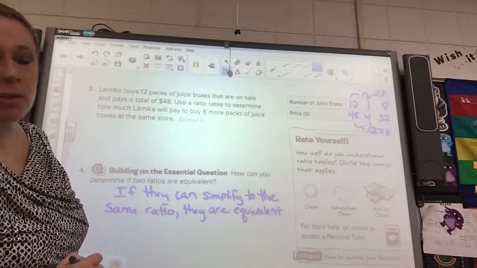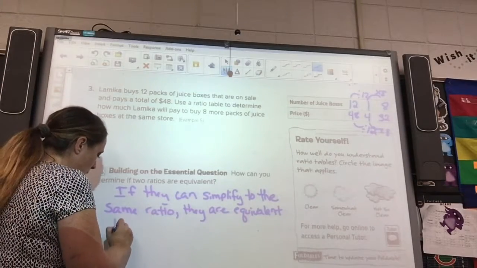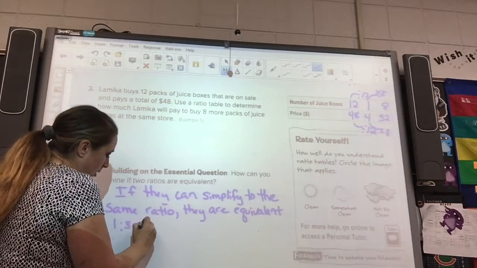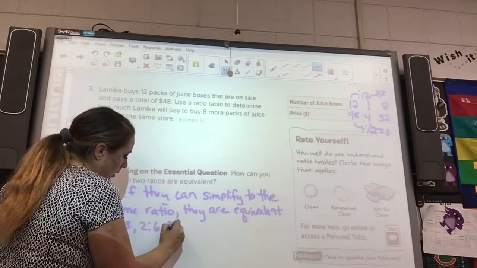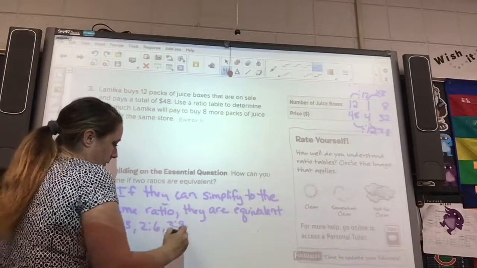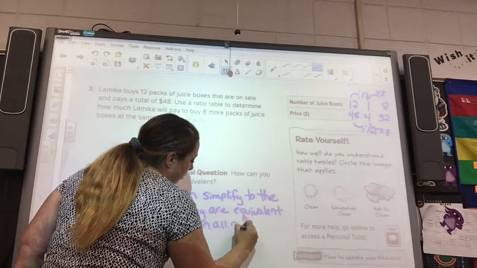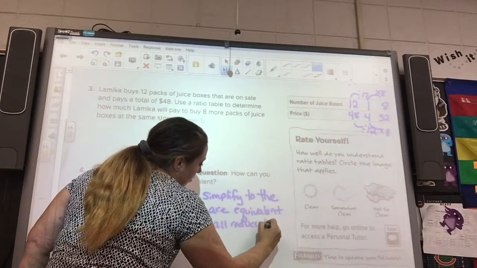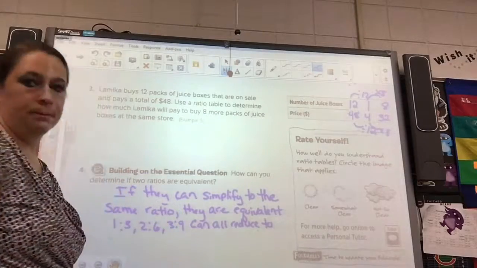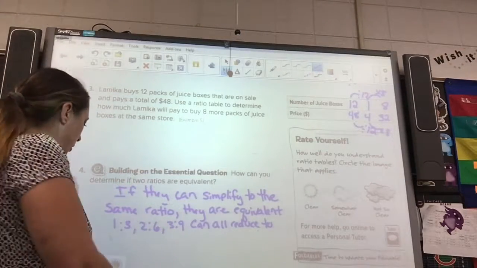They gave us 1/3, 2/6, and 3/9. They can all reduce to what? 1/3.